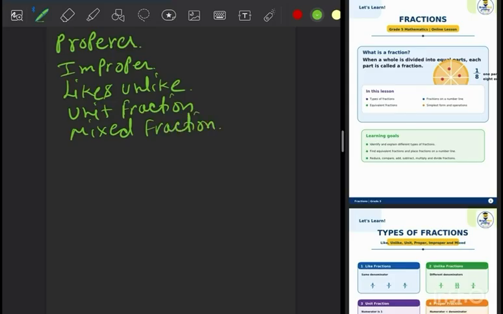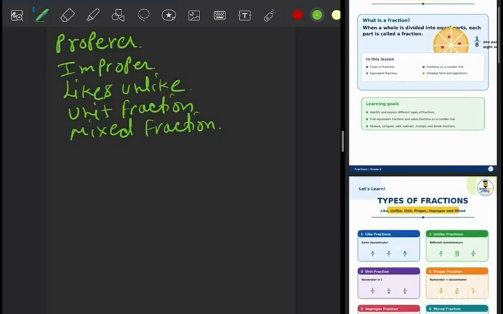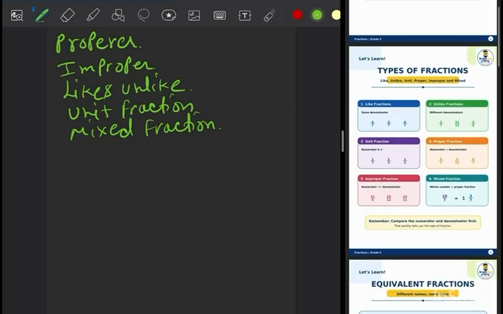I have also shared a PDF here with all the types of fractions.